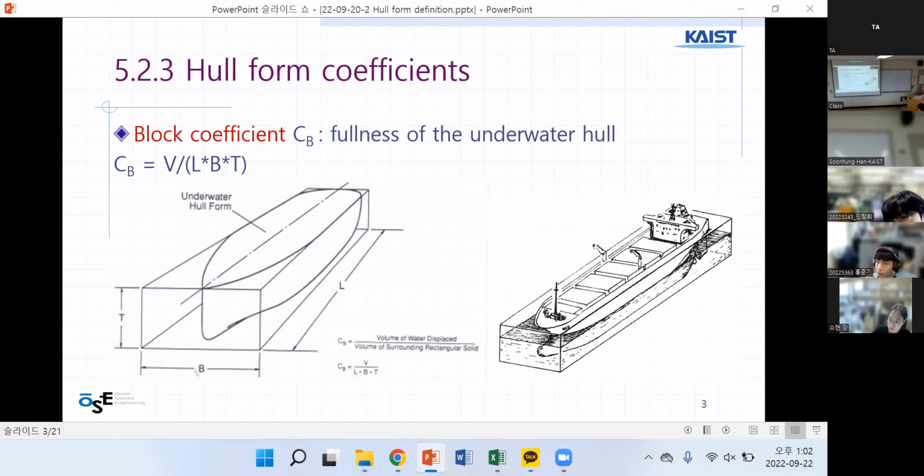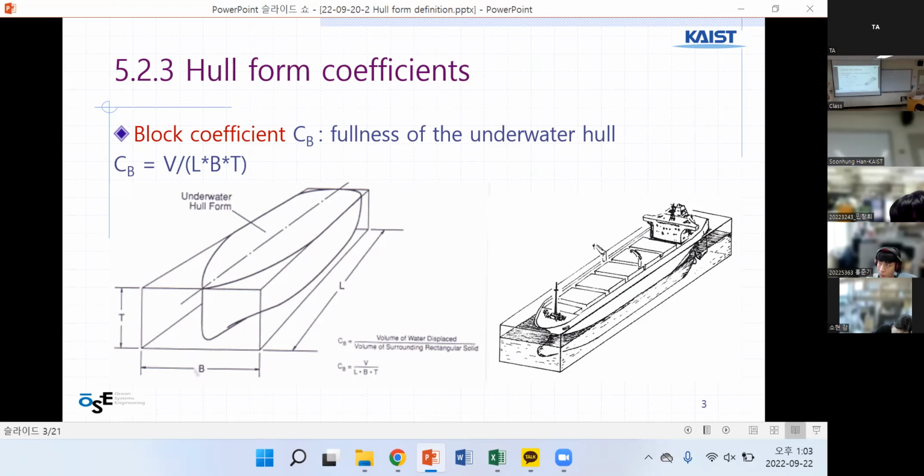Block coefficient is defined here. L times B times T is a volume, right? Volume of a box, with length L, breadth B, and T is depth, draft. The submerged portion of the outer box.